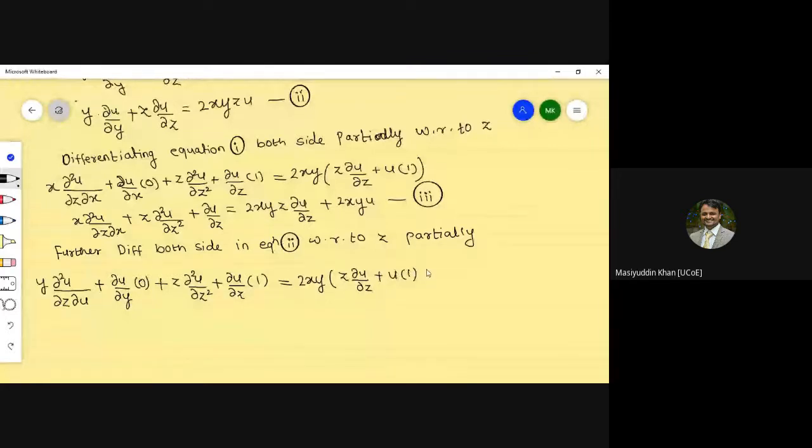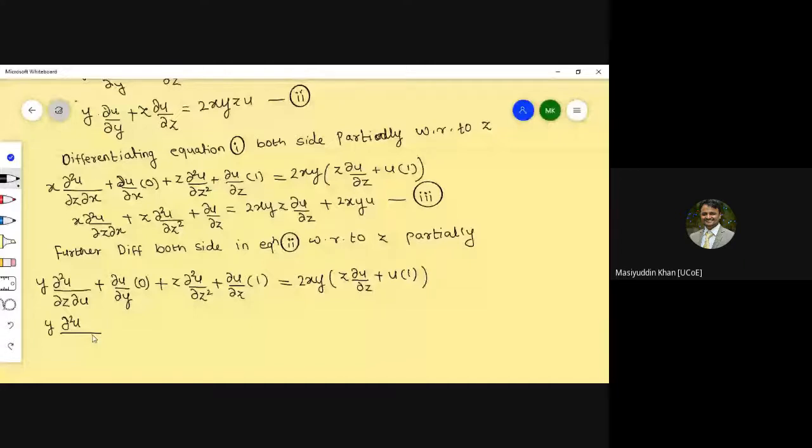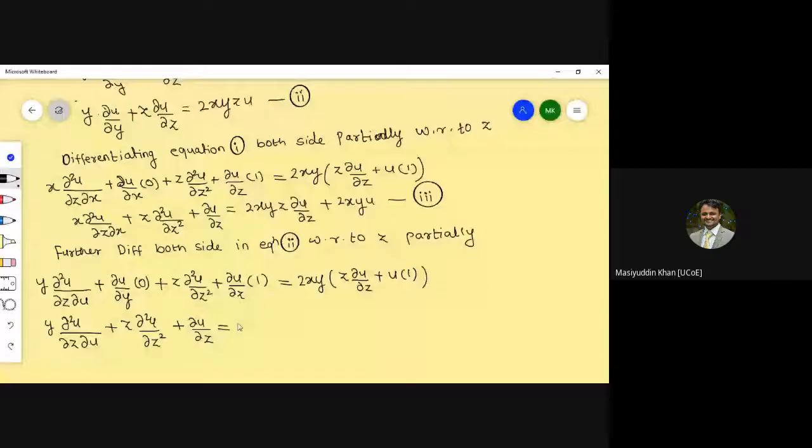And after simplification you will get y into ∂²u/∂z∂y plus z into ∂²u/∂z² plus ∂u/∂z is equal to 2xyz into ∂u/∂z plus 2xyu. And this is my equation number 4.